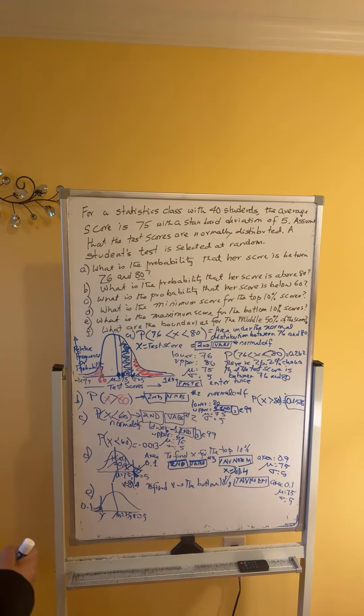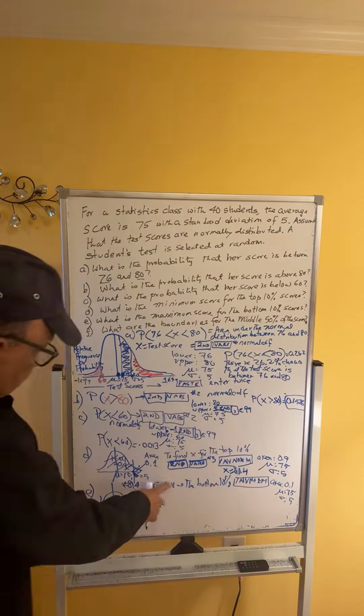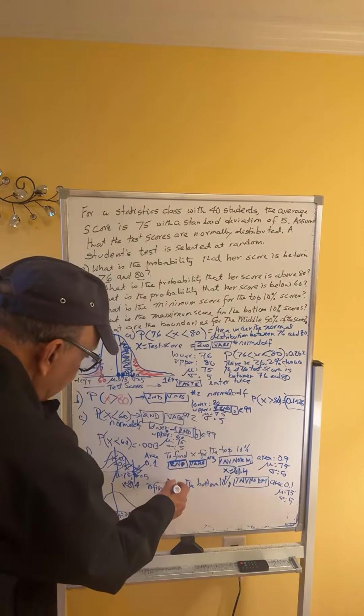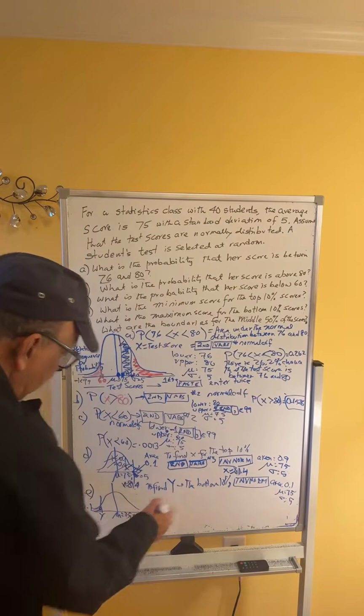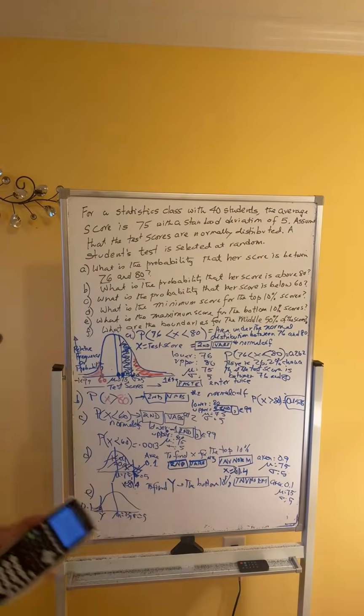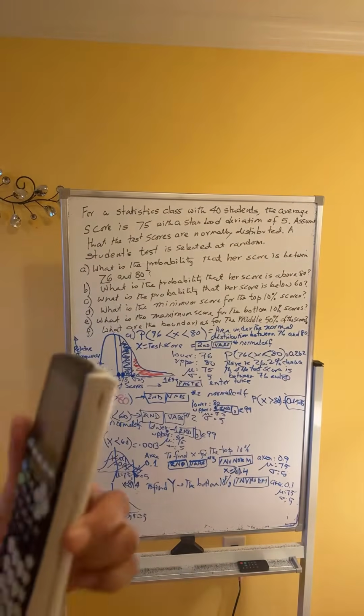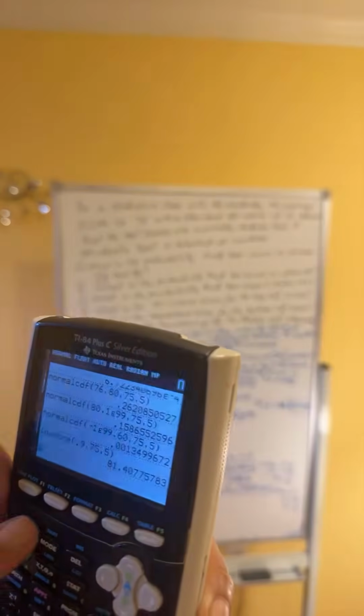Now the area to the left of the unknown y will be 0.1. So second verse 3, area is 0.1. Nothing else changes. Mu is 75, sigma is 5. Then go to paste and hit enter twice.